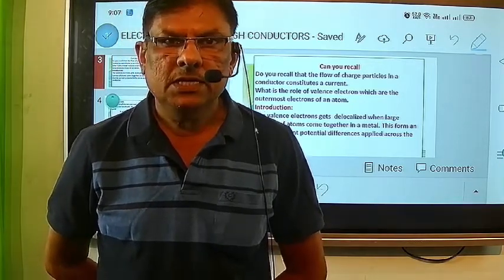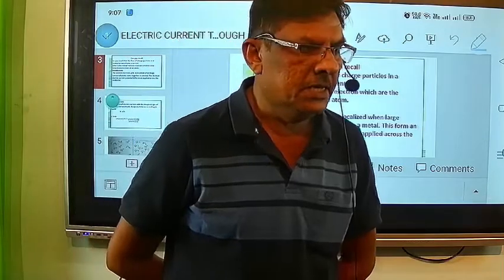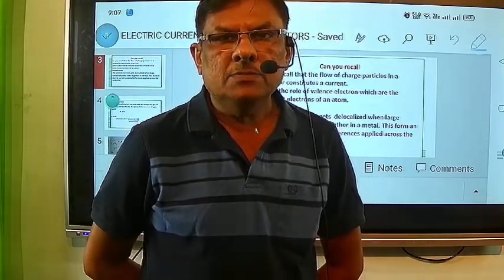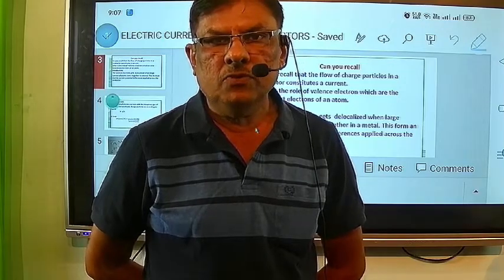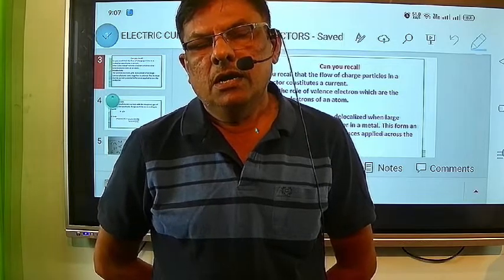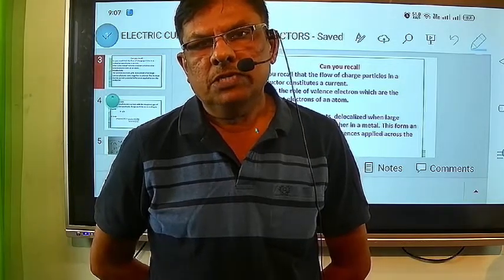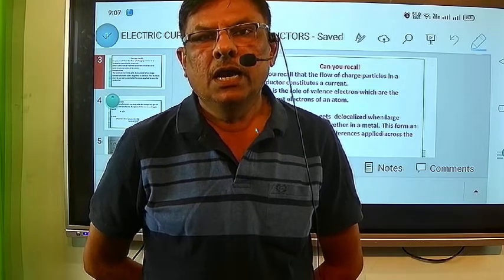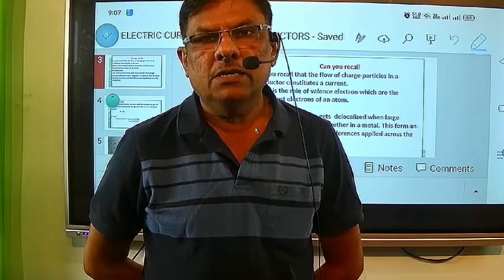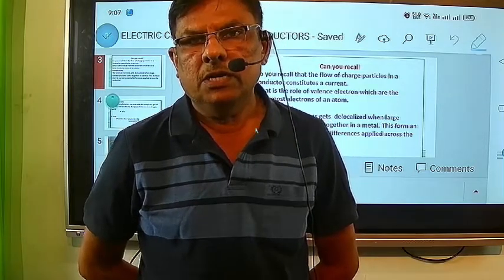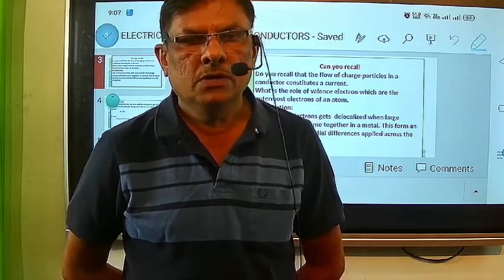When we say it is a good conductor of electricity, this atom consists of a nucleus which is positively charged, in which protons and neutrons are present, while the electrons are present in the shell or in the orbit around the nucleus.